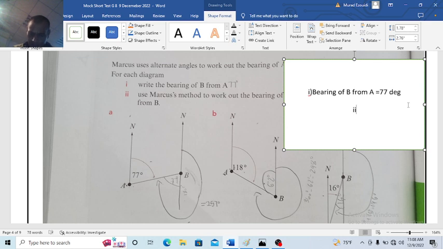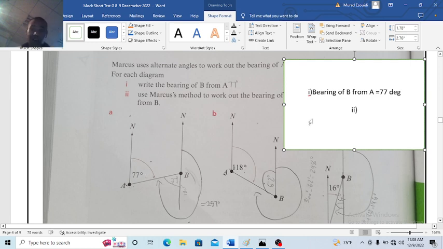It will be 180 plus the alternate angle, because this angle and this angle are alternate angles. Why? Because we have two parallel lines and one transversal line that cuts the two parallel lines, meaning this one is equal to this. You can also see the letter Z here. This is the letter Z, meaning these are equal.